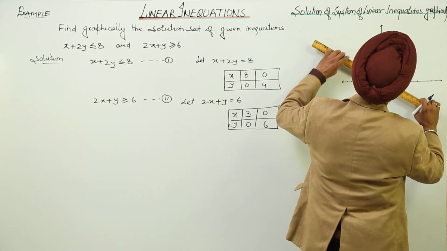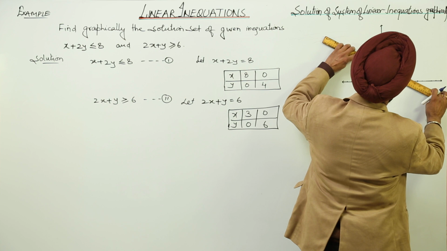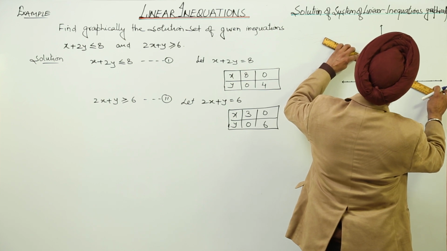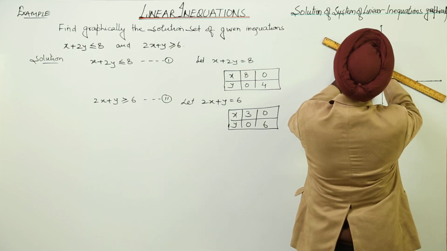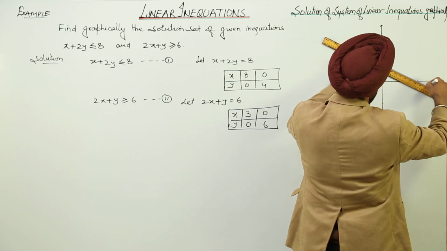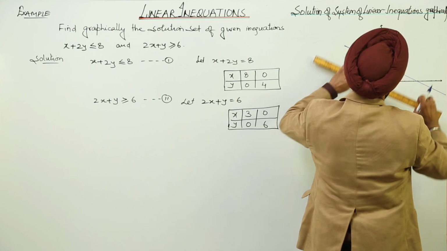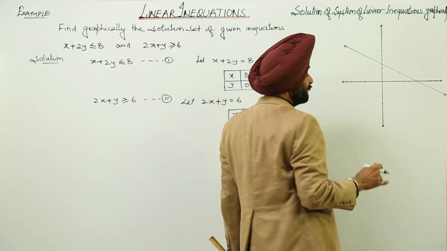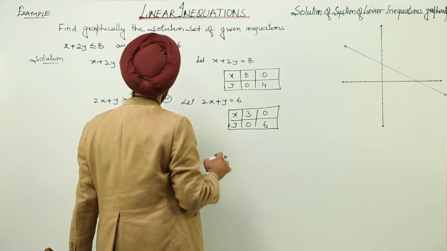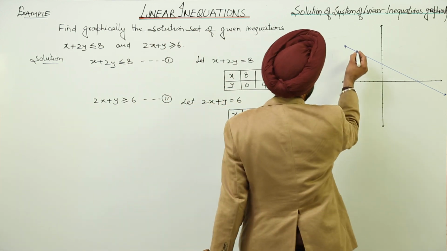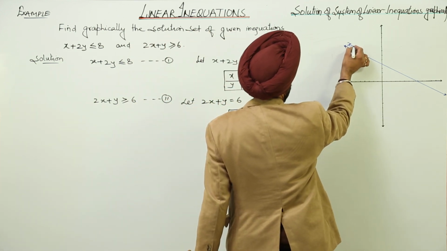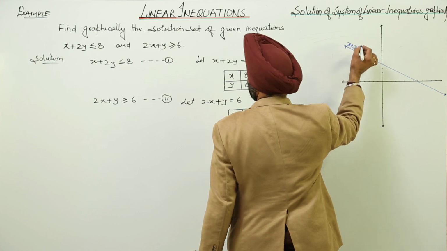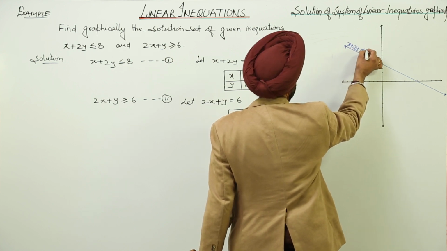Let's join this one, and remember the inequality is greater than or equal to and less than or equal to, so we are using a bold line for this one. Okay. And what we have to write? We have to write the original equation on the line. So the original equation is x plus 2y is less than or equal to 8.